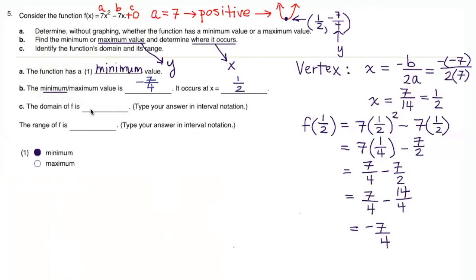Since this is a quadratic function, the domain will be -infinity to +infinity. And I can determine the range by looking at my sketch at the top. Since the vertex is a minimum, its y-coordinate is the lowest point on the graph and the smallest value in the range. So the range begins with -7/4, square bracket, and I can't name the highest y value because it keeps going.